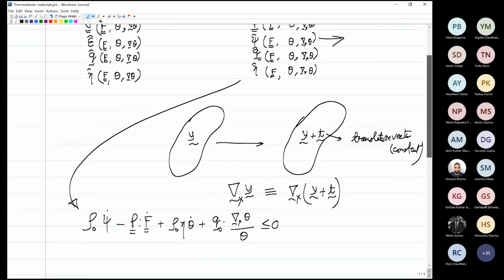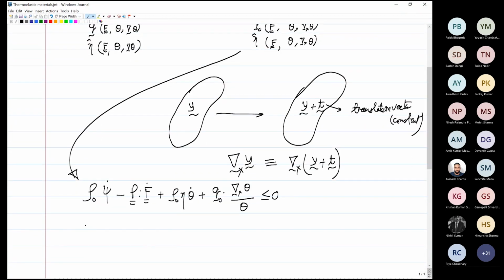So if we do that, this is going to become rho naught del psi del F double contraction F dot plus del psi del theta times theta dot, right? Plus del psi del g dot g dot, where grad theta, let's call it a vector g, for example.